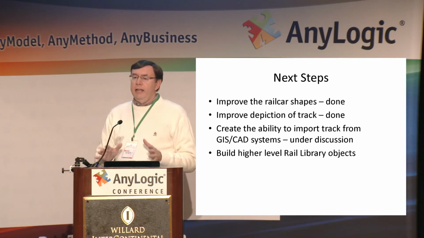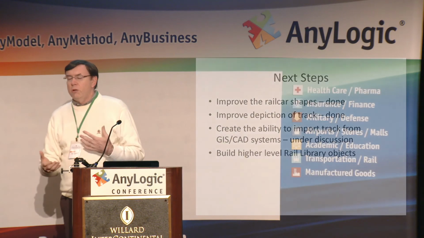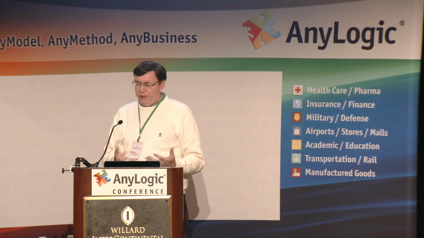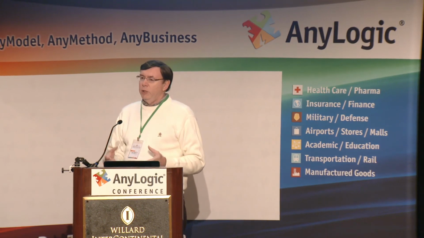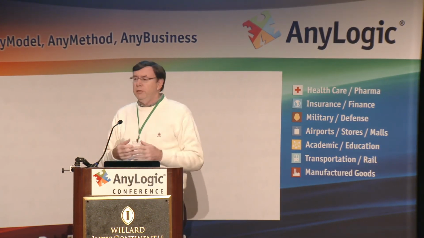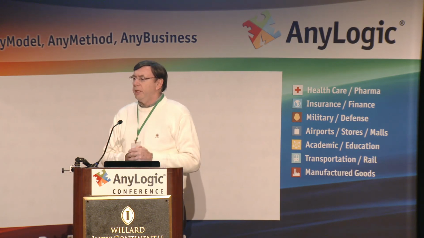There's a higher level language that's used in railroading that we kind of feel like we have to teach to AnyLogic. And one of the beauties of AnyLogic is the ability to actually create these custom libraries, which some of the earlier presenters talked about.